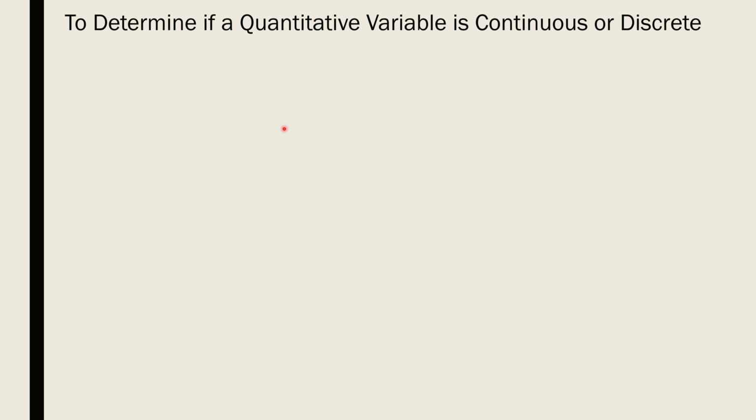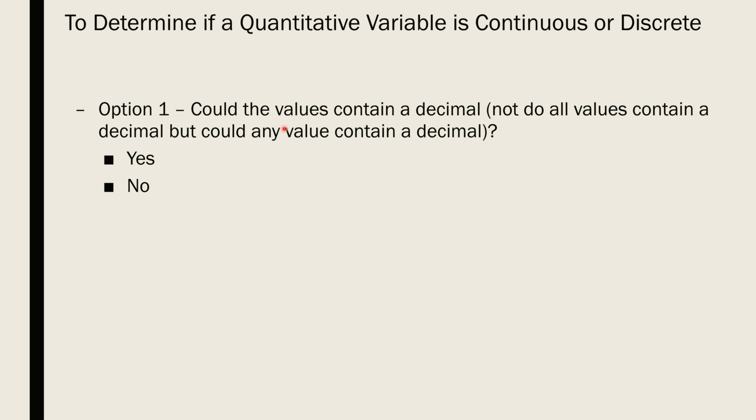Next, we will learn how to determine if a quantitative variable is continuous or discrete. Option 1. Could the value contain a decimal? If the answer is yes, then it is a continuous quantitative variable. If the answer is no, then it is a discrete quantitative variable.